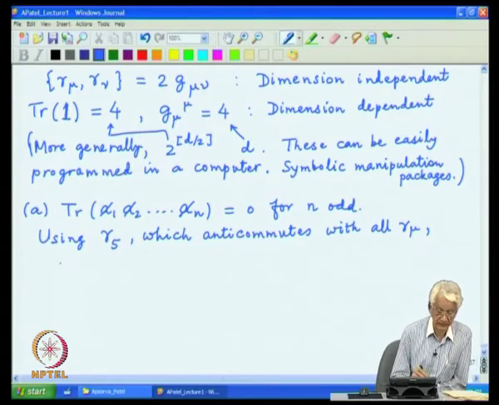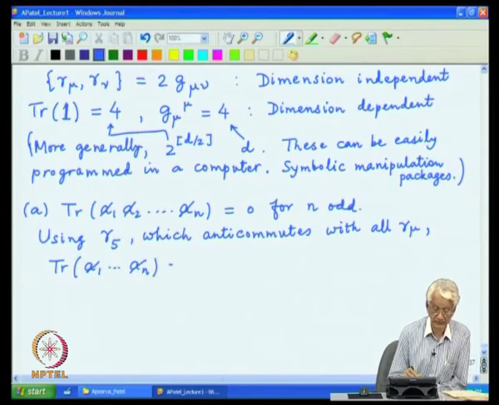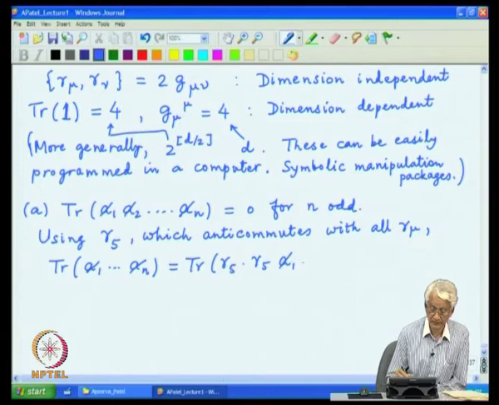This trace can also be written as trace of gamma 5 A1 slash to An slash gamma 5 squared, which happens to be 1.